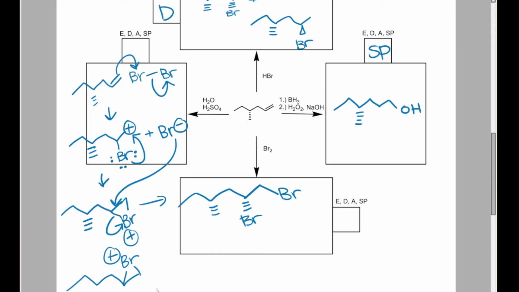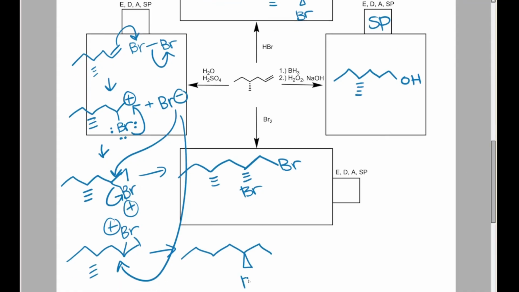And then likewise, for this other intermediate product, we can do the same thing, but because this time it's hindered from the top side, this negative bromine ion is going to attack the more substituted carbon from the bottom side. So we're going to have a wedged bromine here.